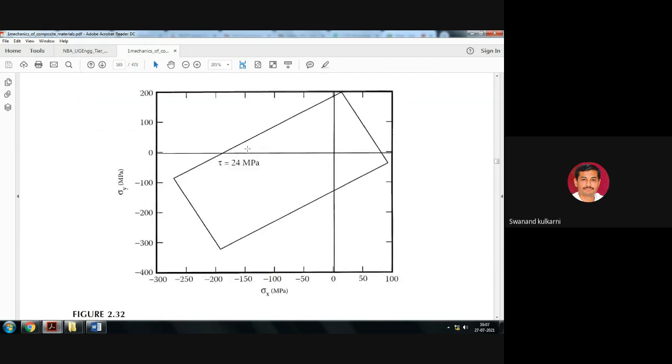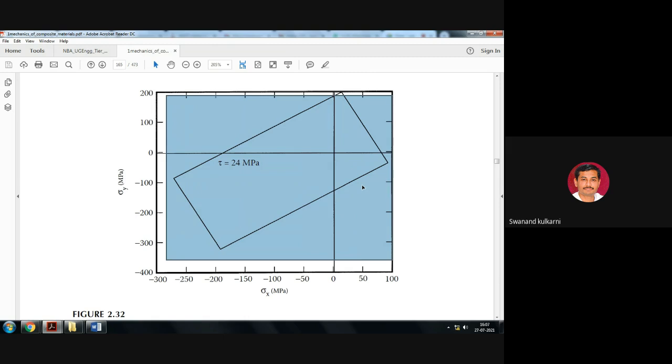So once again, if we apply the concept of maximum stress and maximum strain theories here, and the values are plotted on a graph, we get this kind of graph, and this graph is nothing but the failure envelope.